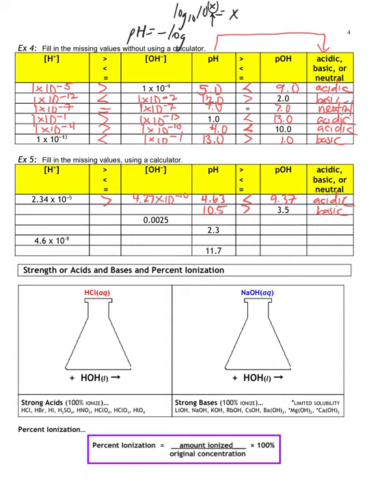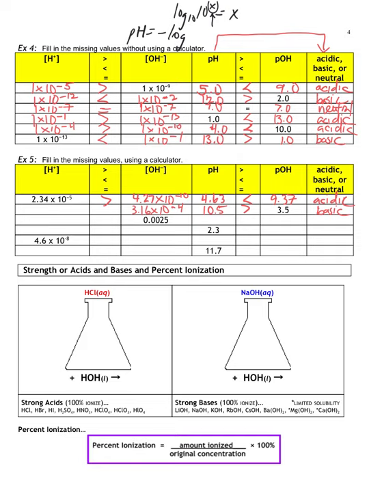If you press second log on your calculator, you'll see 10 to some power. You just take it to negative 3.5, and you should get the concentration of OH minus. It ends up being 3.16 times 10 to the negative 4.